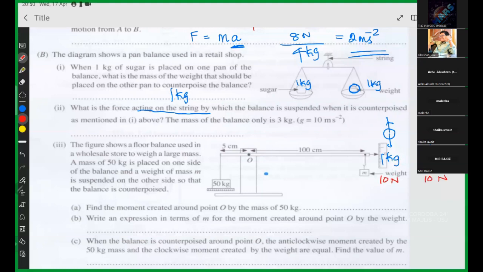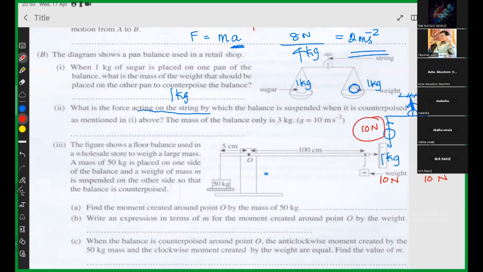So this would be 10 Newton, and this also 10 Newton. Here is the string, and they are asking the tension of this string. Together this is 10 plus 10, 20.